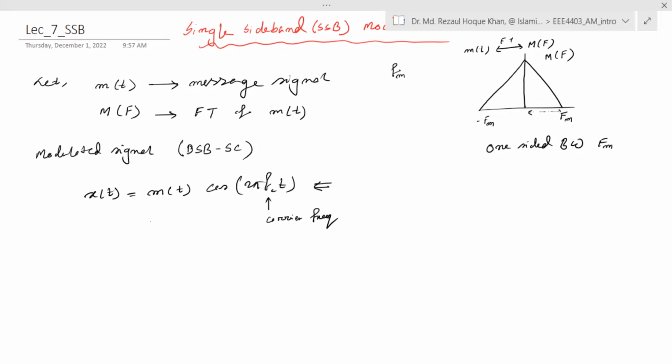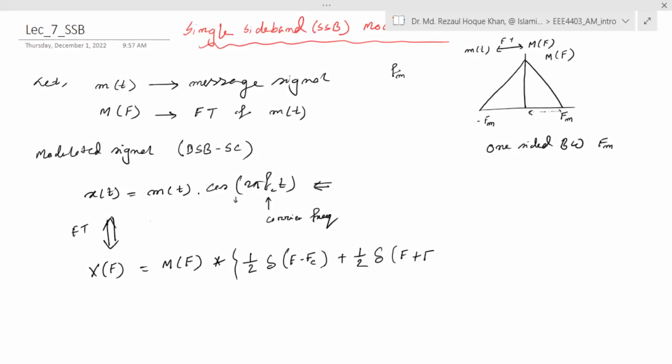For our case, we can convert it to the Fourier transform. x(t) becomes X(f) and m(t) becomes M(f). Here this was a multiplication, so the Fourier transform makes it a convolution, and we derived this earlier. We know it would be half of delta(f minus f_c) plus half of delta(f plus f_c).